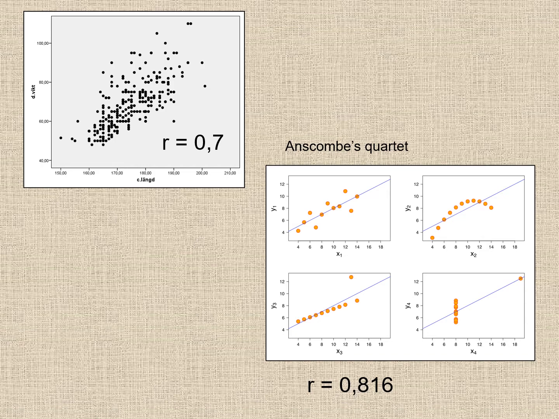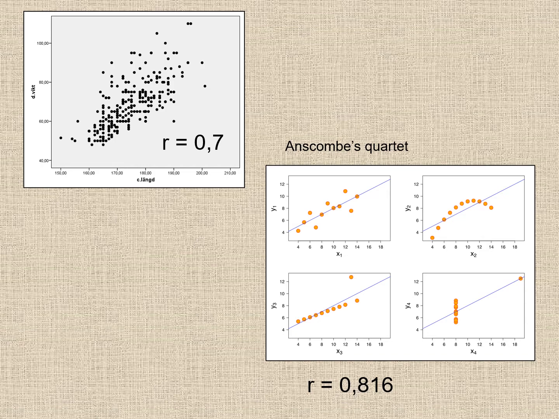So in this case, we should analyze and interpret the association not with a correlation, but for instance with a curvilinear regression analysis instead. In that case, we would receive the result that the value on x can explain 100% of the value on the y variable. But it's not a linear association, it's a quadratic association instead.